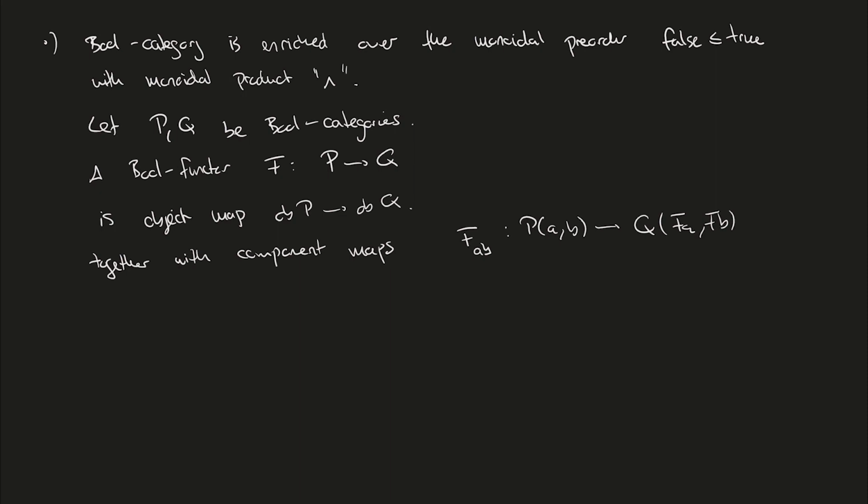But maps between the Hom objects are maps in the monoidal category that we're enriching over, and in this case it's a preorder. So in fact, a map is just having that the left-hand side is less than or equal to the right-hand side. Therefore, a Bool-functor maps objects of P to objects in Q in such a way that this condition holds. Now what does this mean?